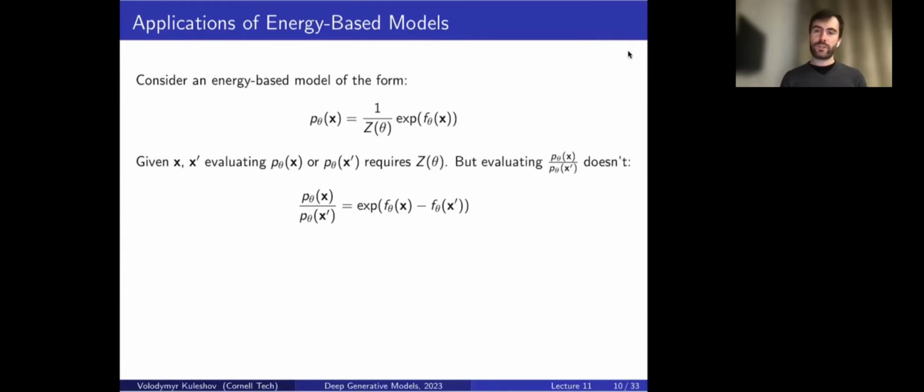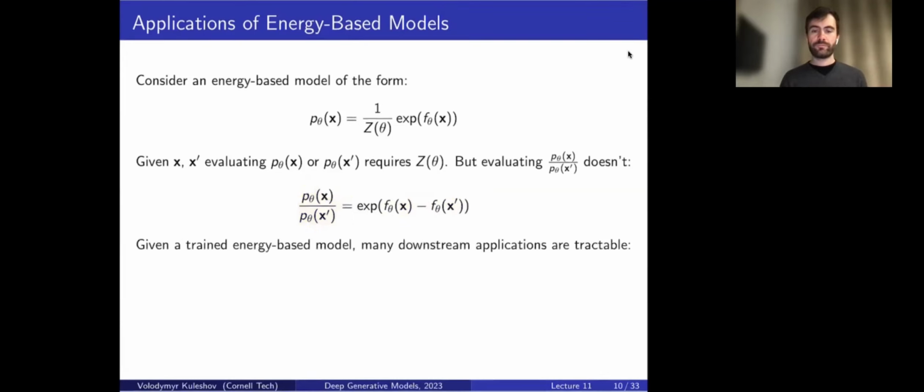So let's say that we were interested in an application such as outlier detection or some version of density estimation. Then we could apply energy models without having to deal with the hassle of estimating the normalizing constant. The formula for the ratio is just this. We only use the energy, but not the normalizing constant itself.